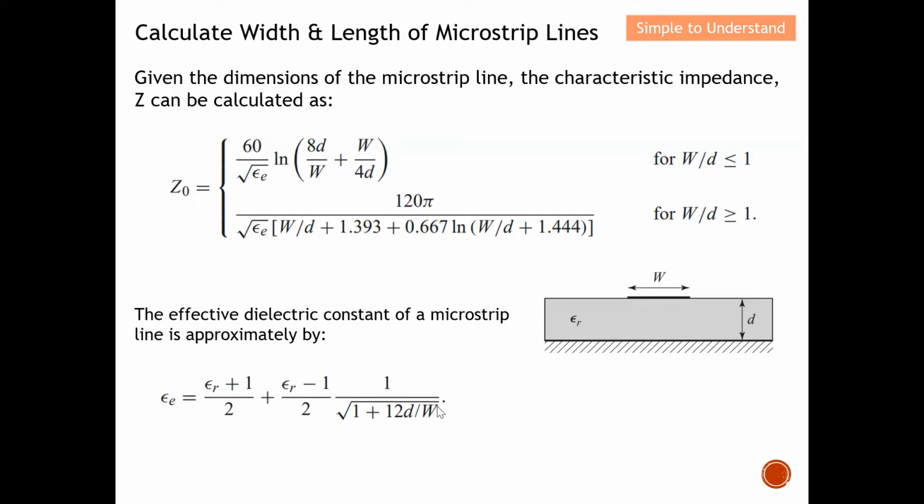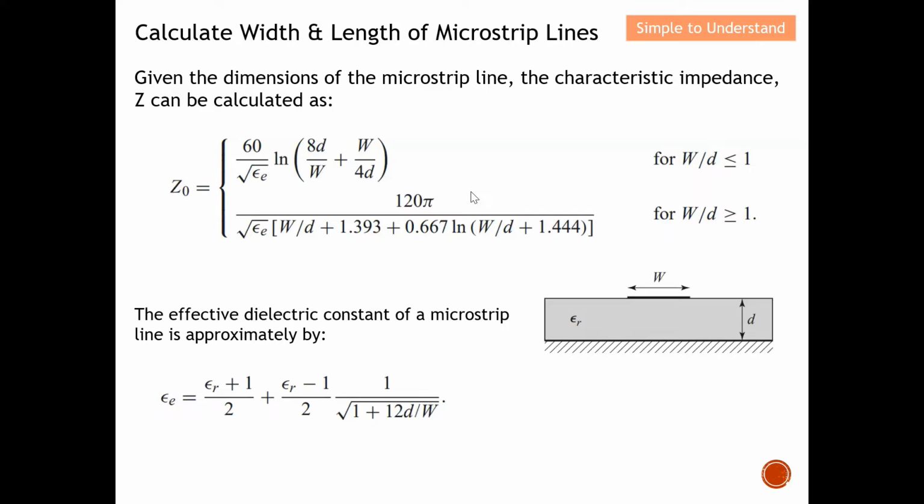So on this page, I know the dimension of the microstrip line. For example, I know my W, the width of the microstrip line. I know the thickness of my microstrip line, and also I know the dielectric constant of the microstrip line. Then with all these, I can obtain my characteristic impedance by applying one of these equations. Which one to use depends on the ratio of the width over the depth of the microstrip line.